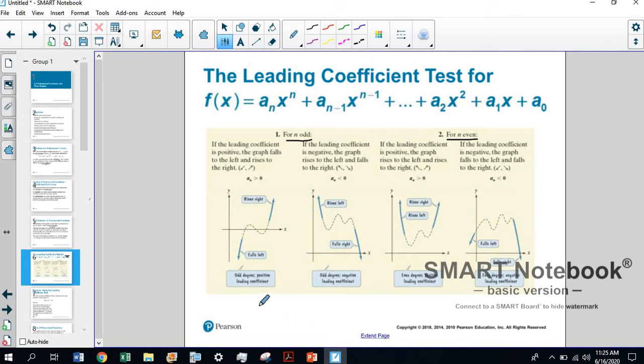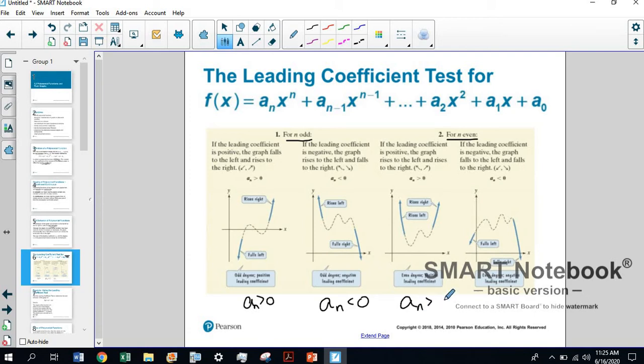And so how you determine this is you look at the odd and even, and then you look at the leading coefficient. If the leading coefficient is positive, you go down to the left, up to the right. When the leading coefficient is negative, then you go up to the left and down to the right.